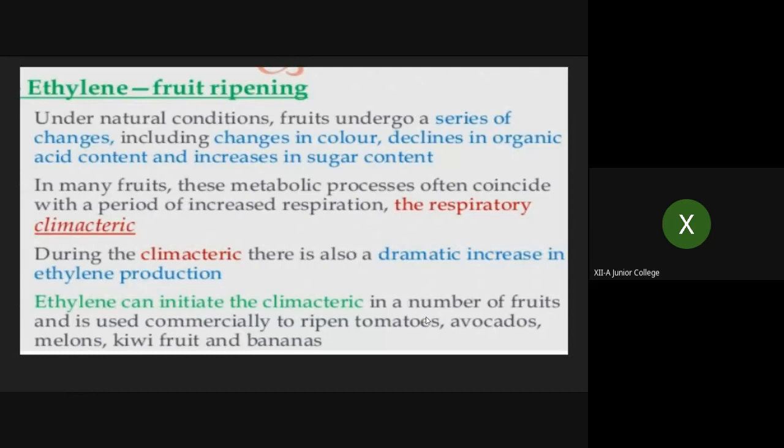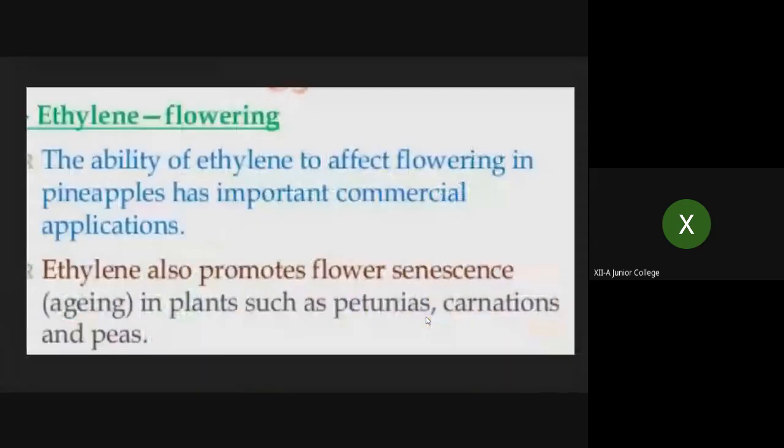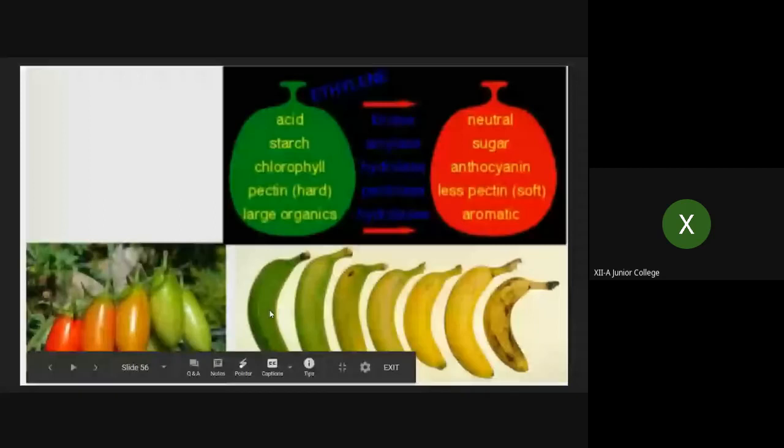So each and every plant regulator has its own role. I will repeat this at the end, but just remember, in case of fruit ripening, this ethylene plays a very, very important role. This is the example you can see here, where the application of ethylene, first of all, this is the raw fruit.